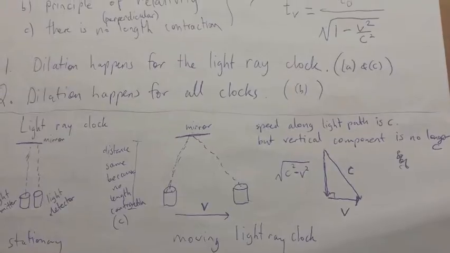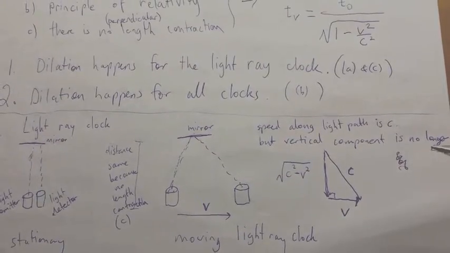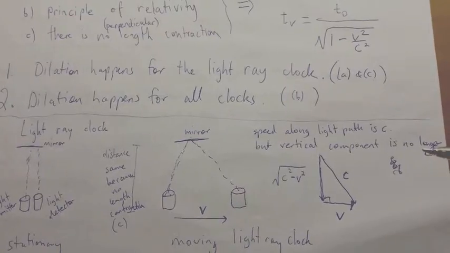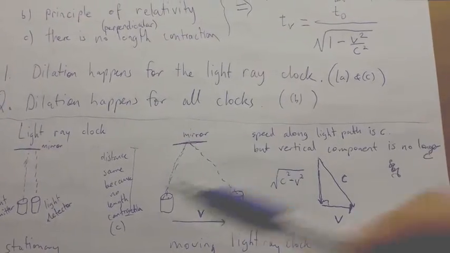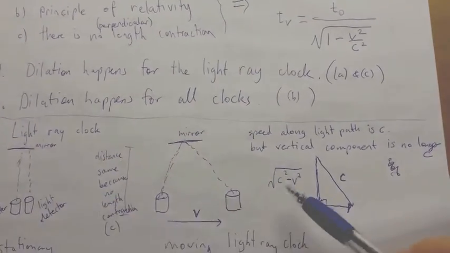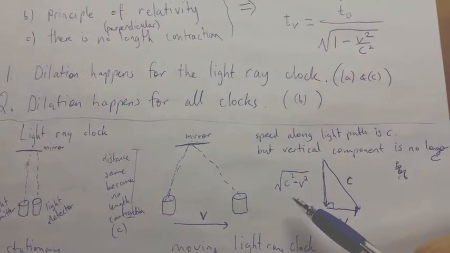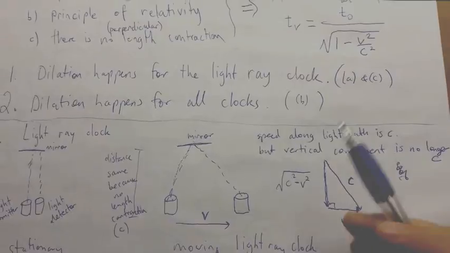So the speed in the vertical direction used to be c, and now it's this. So it's changed by a factor of this over c.